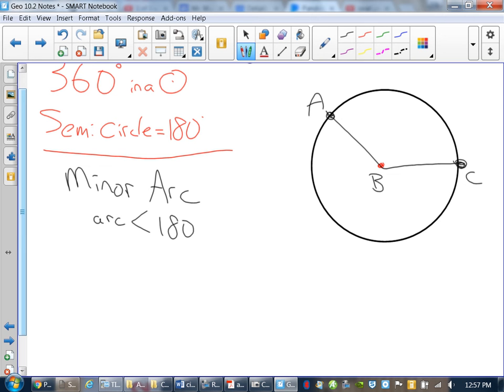A major arc is an arc that measures more than 180. It's greater than 180, but it's less than 360 degrees.